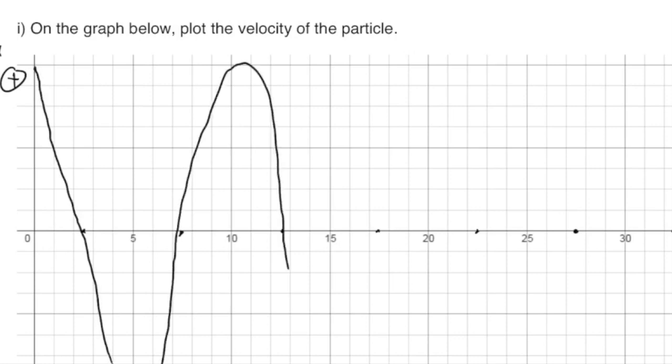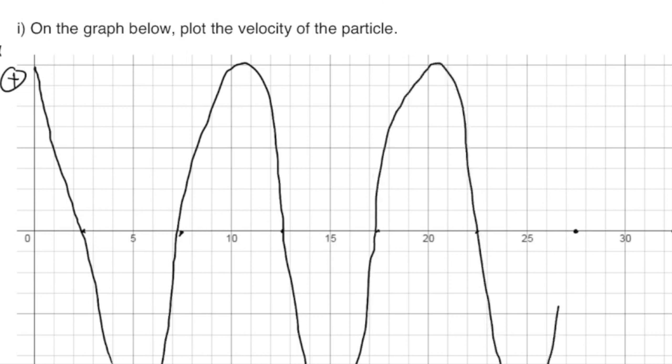Has a positive velocity with maximum at 10 seconds, slowing back down to a stop at 12.5, and then it just kind of repeats. Once we see what the pattern is, we can take that pattern and draw. And that's the graph we get.